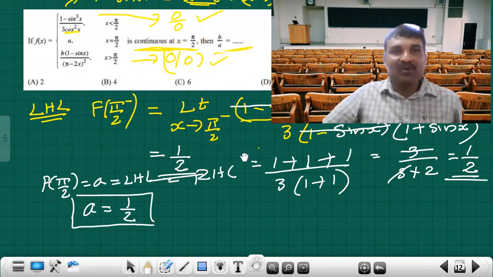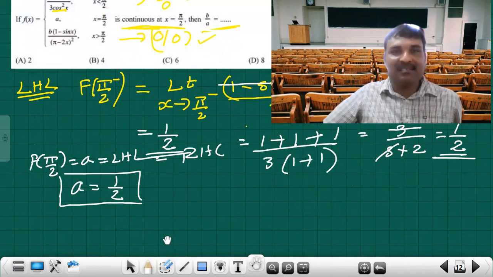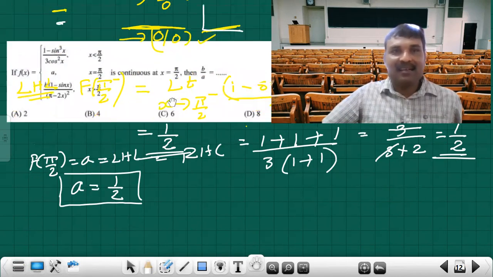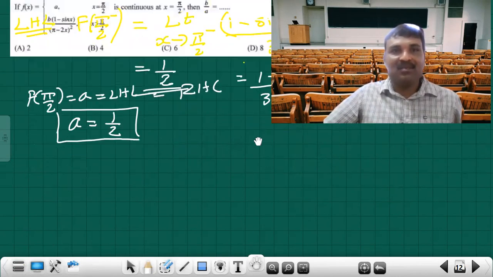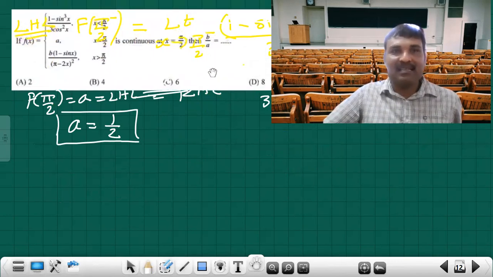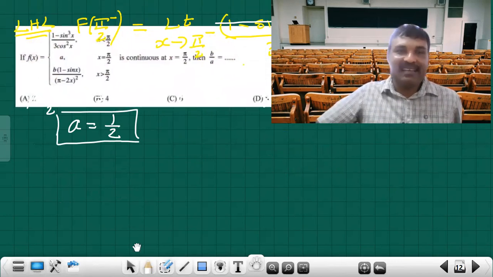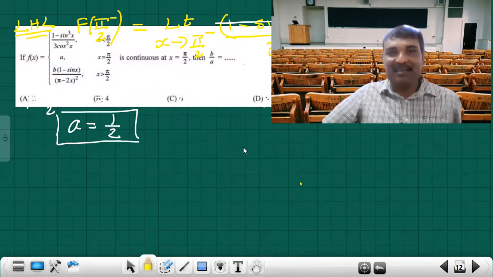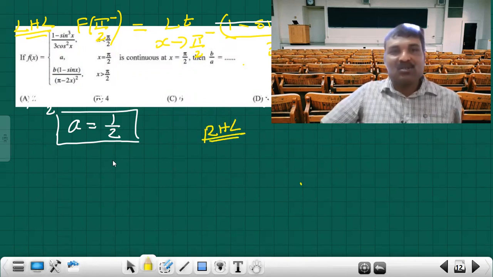Now we can go to the right hand limit. We got the value of the left hand limit as 1 by 2, and a as 1 by 2. Now for the right hand limit, we want to find f of pi by 2 plus.